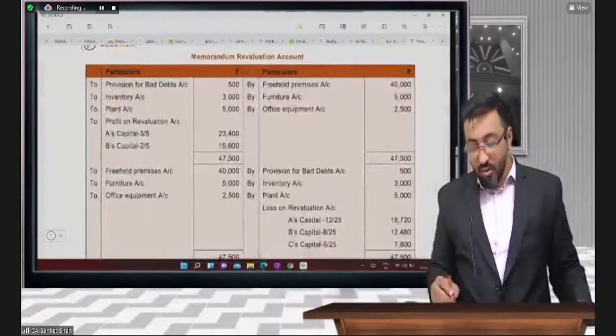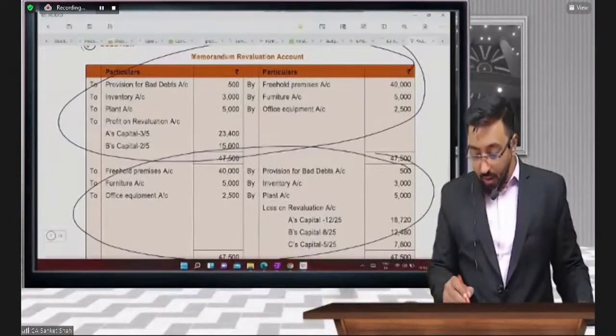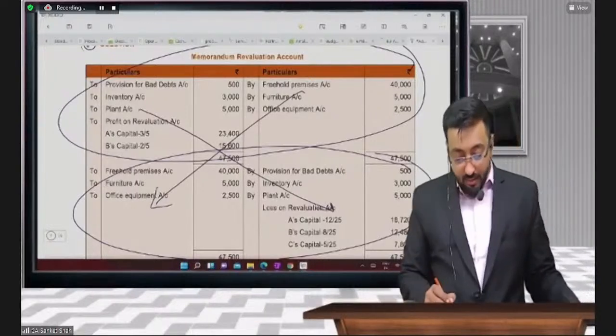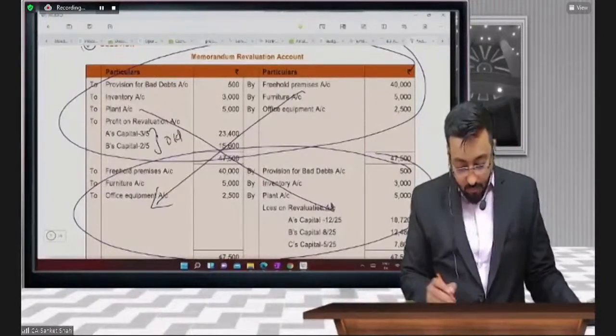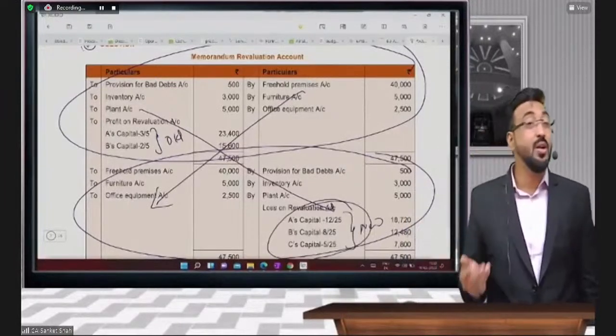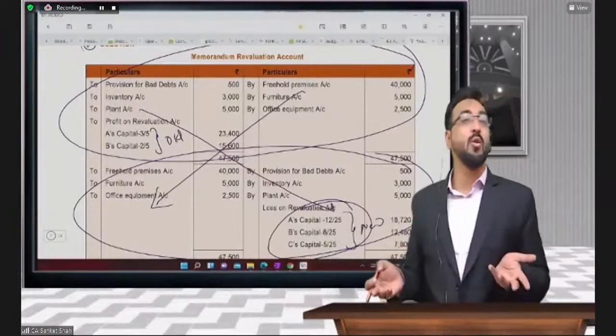And just you have to divide. See, you debit and credit, again, whatever is debit on the credit side, whatever is credit on the debit side. This is in the old ratio and this is in the new ratio. So you have to calculate the new ratio. But I have given you one shortcut. New ratio is not given in the question.